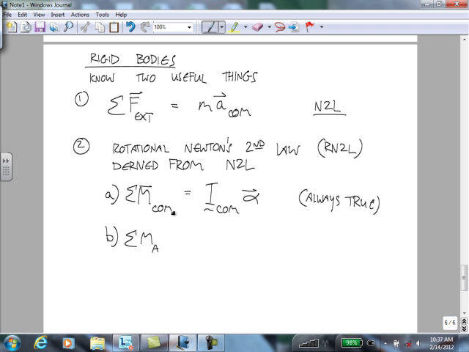And second, similarly, the sum of the moments about some point A are equal to the moment of inertia of the object about A, and I'm going to have to define what all these things mean, times the angular acceleration.